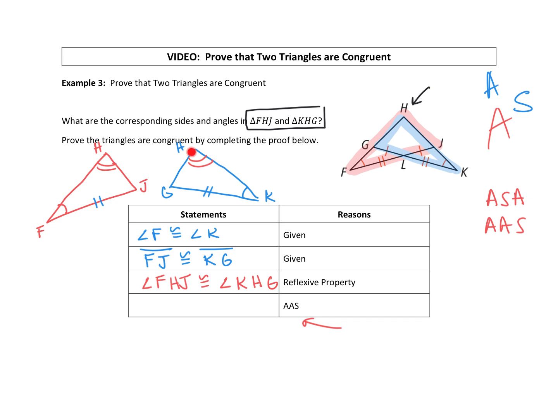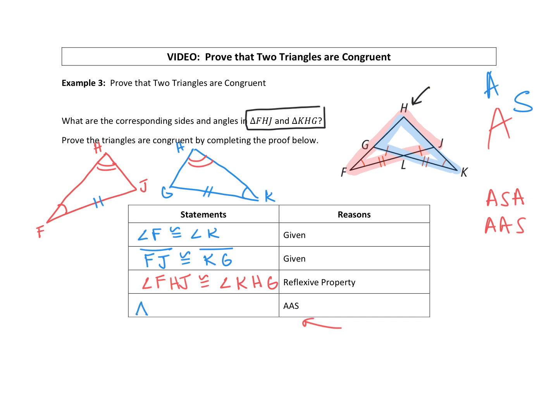Well, that's how it should look in the picture too, where the side is in between the two angles. So that would be this side right here, which is not our congruent side. Our congruent side is actually this one out here. It's not included between the two angles, so that's what we call a non-included side. So we have two angles and a non-included side. That's what angle, angle, side looks like. So these triangles are congruent by angle, angle, side.